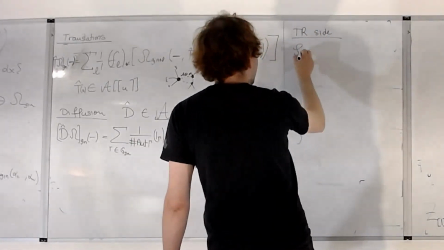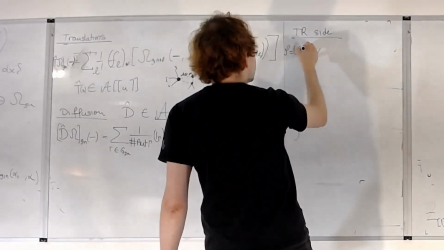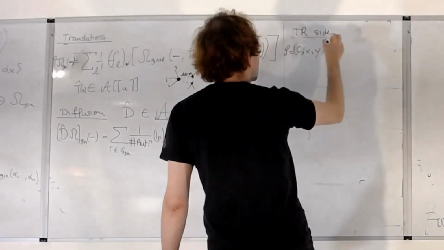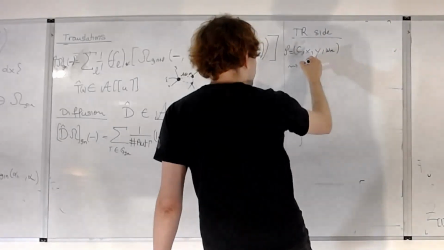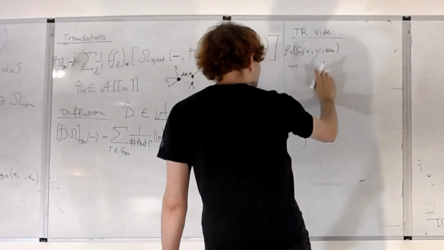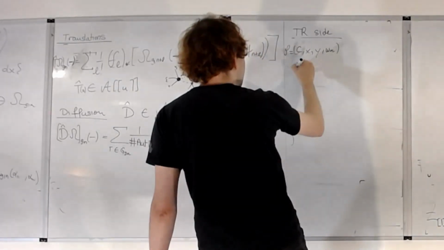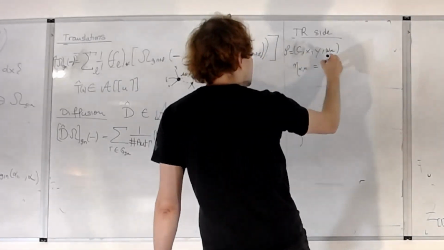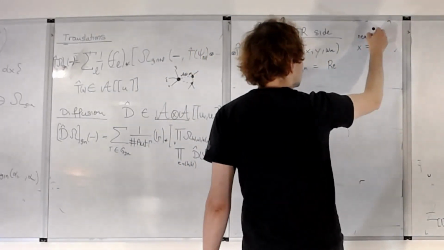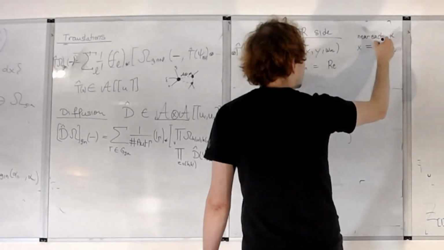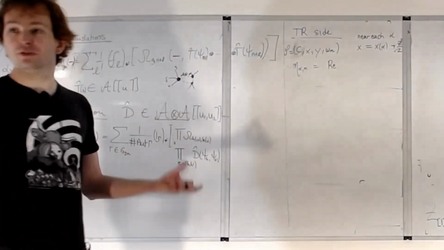So if you have a spectral curve, you're going to define eta_{alpha,m}. So near each alpha, you can take a local coordinate z, which depends on this alpha.